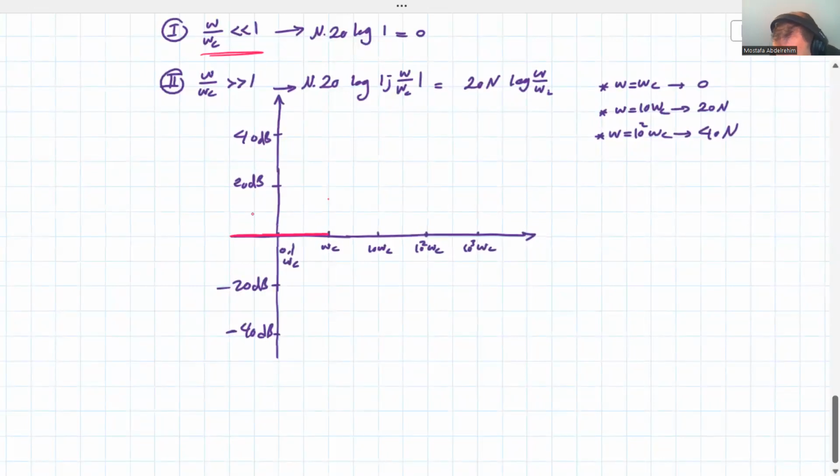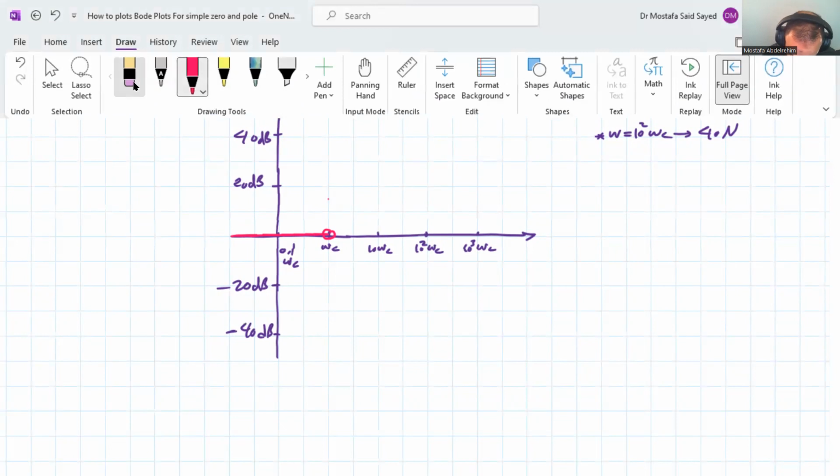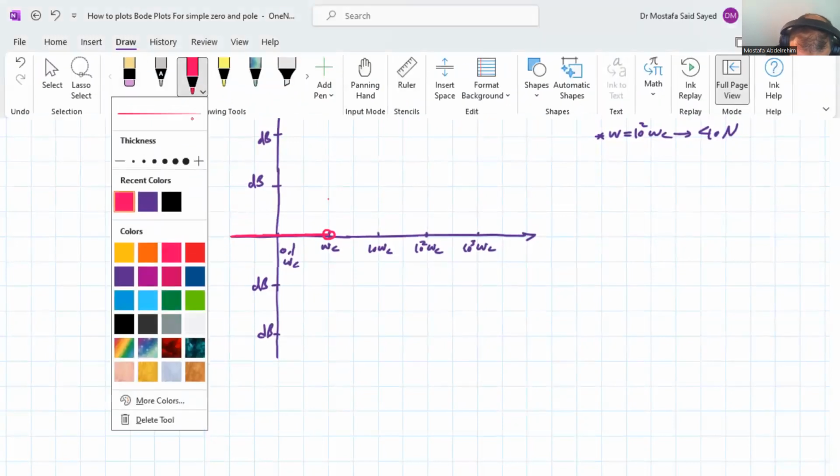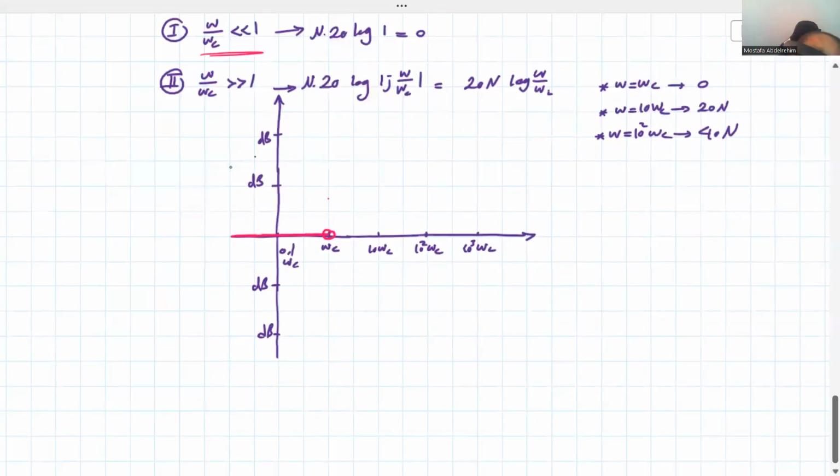At omega c we also have 0. Then at 10 omega c we have 20n. So here we should write 20n, 40n, minus 20n, minus 40n.